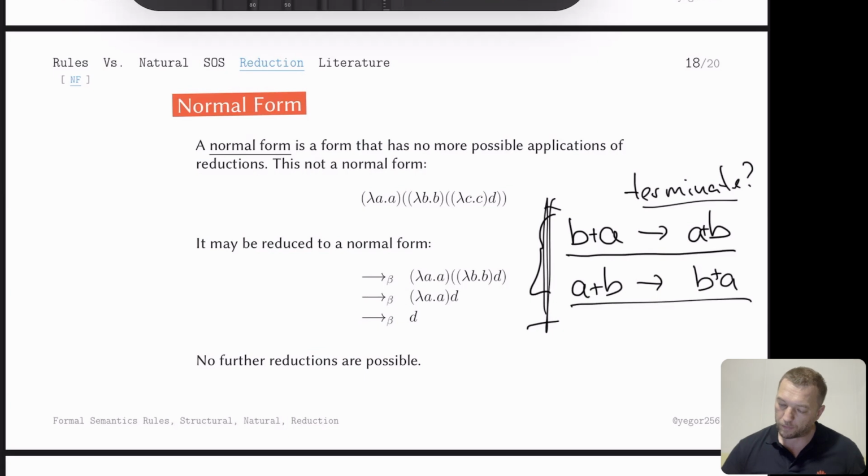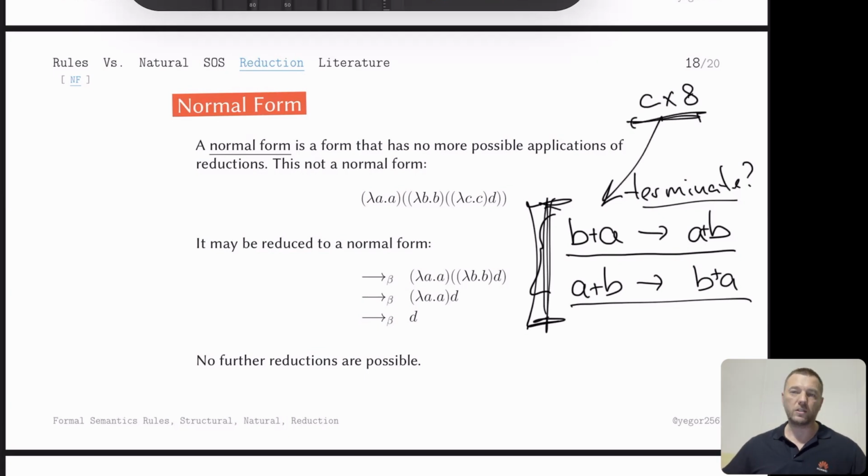Because if I, for example, send to these reduction rules a program that is C multiplied by 8, then none of these rules will apply, and we will say, okay, this is the normal form, because we totally have 2 reduction rules and none of them apply.